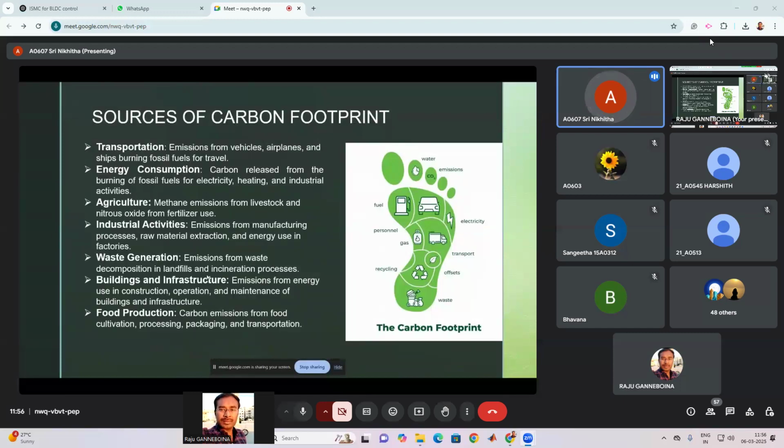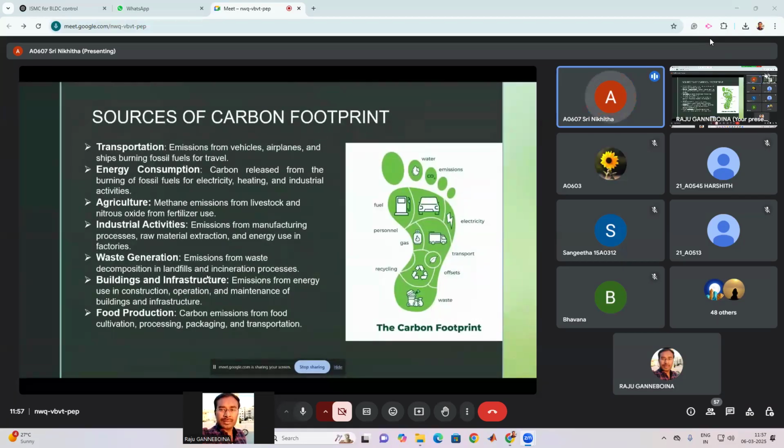Next is energy consumption, the carbon released from the burning of fossil fuels for electricity, heating, and industrial activities. The third is agriculture, the methane emissions from livestock and the nitrous oxide from fertilizer use. And the fourth is industrial activities, such as factories which extract raw material, or the energy usage in factories which lead to carbon emissions and cause greenhouse gas effects.